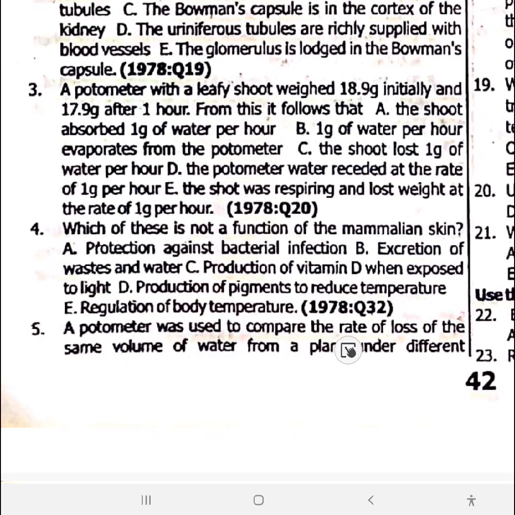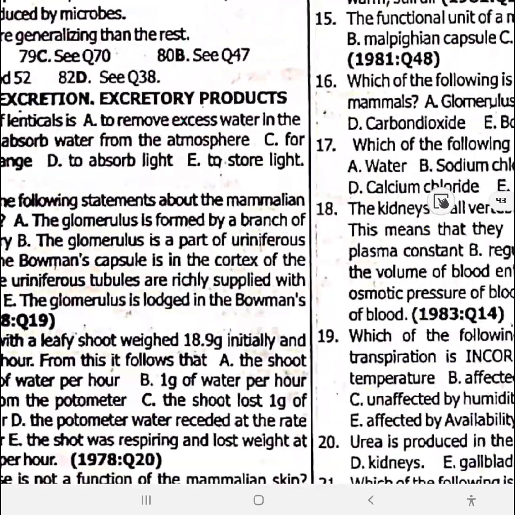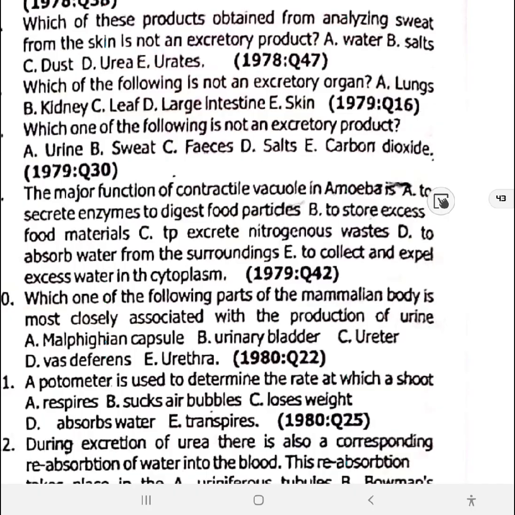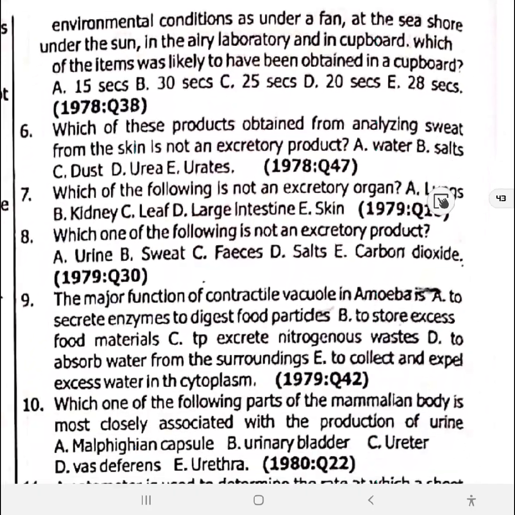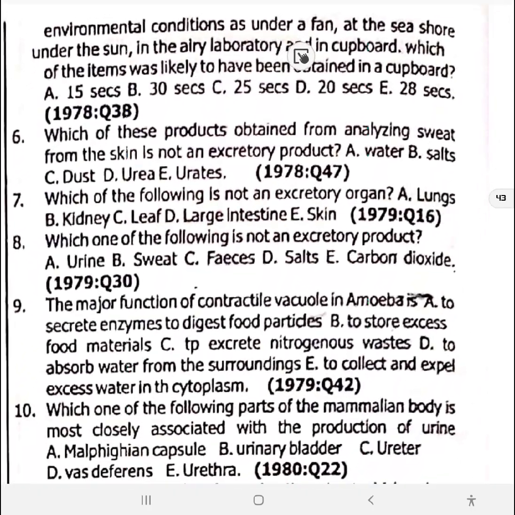Five, a potometer was used to compare the rate of loss of the same volume of water from a plant under different environmental conditions: under a fan, at the seashore, under the sun, in the airy laboratory and in a cupboard. Which of these items was likely to have been obtained in a cupboard?